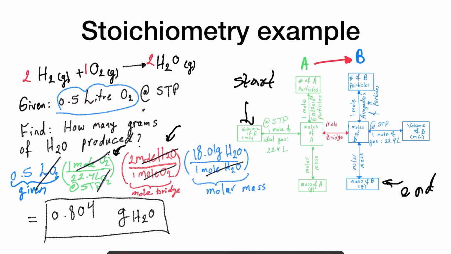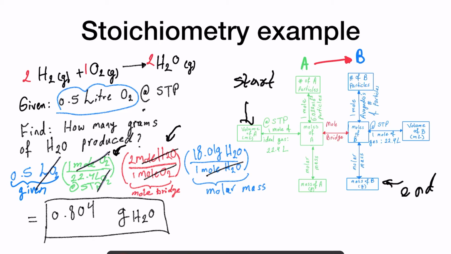We are going down the path from the volume of the gas for A to the moles of A, using the mole bridge and the balanced chemical reaction to the moles of B, and from there converting using the molar mass from the periodic table. So 18.01 grams per mole is the molar mass of H2O. In other words, 1 mole of H2O weighs on the scale 18.01 grams.